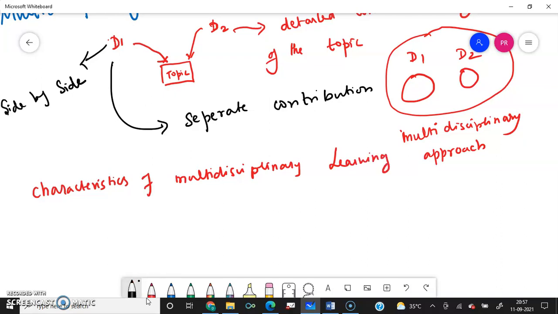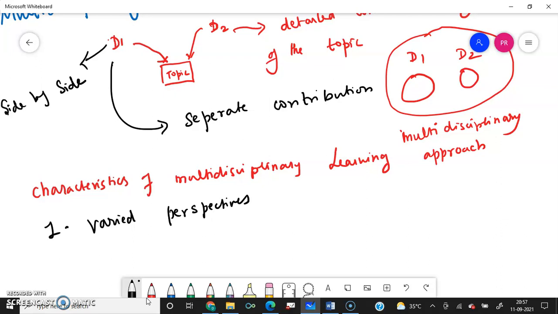The first one is varied perspective. What is varied perspectives? It gives learners the varied perspectives of the same topic. Different disciplines contribute towards enriching a learning.